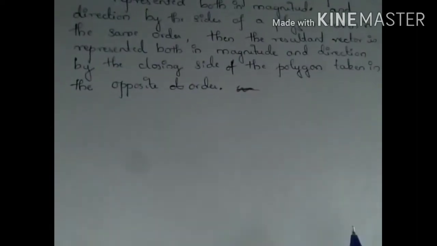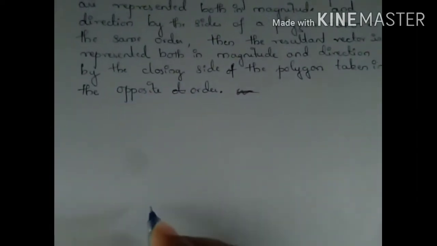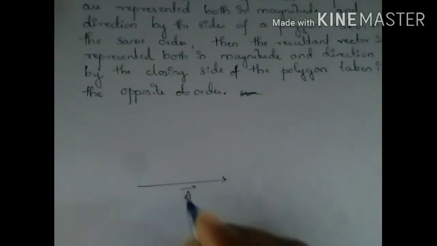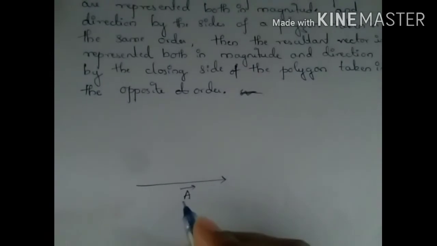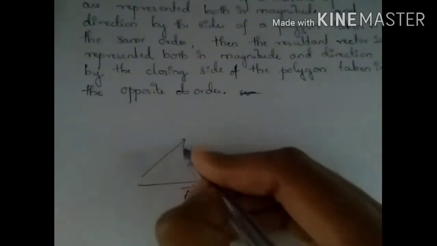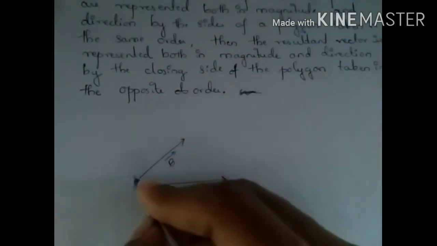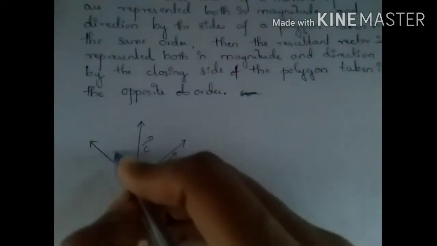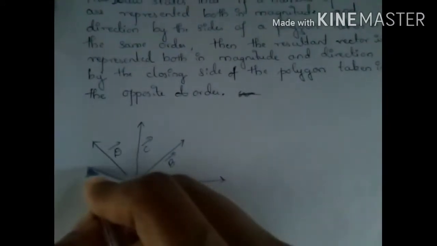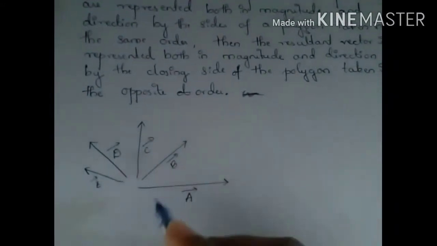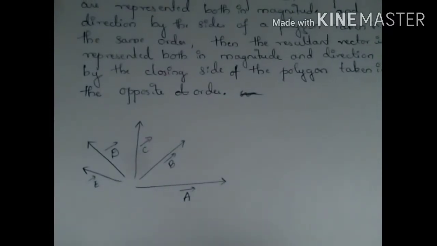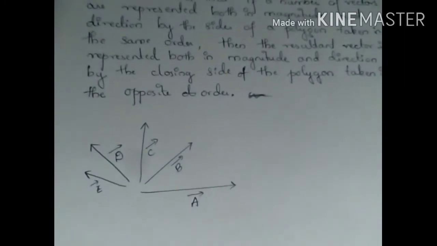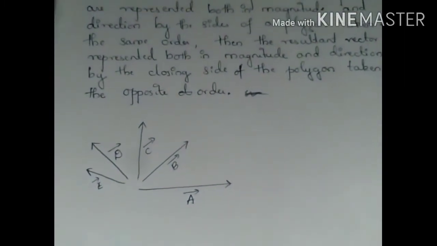Now let's suppose you have some vectors. Let this be vector A, vector B, vector C, vector D and vector E. So you have 5 different vectors which are represented both in magnitude and in direction.